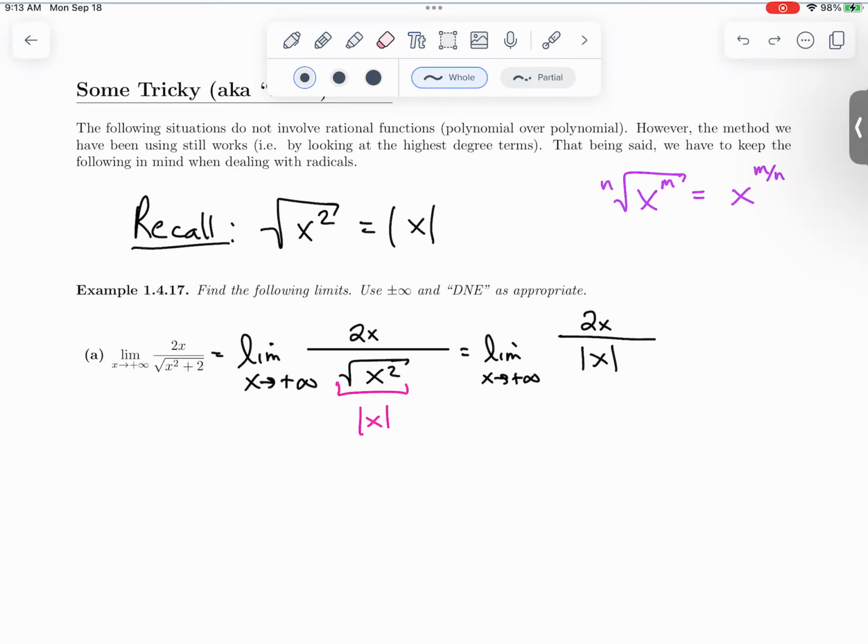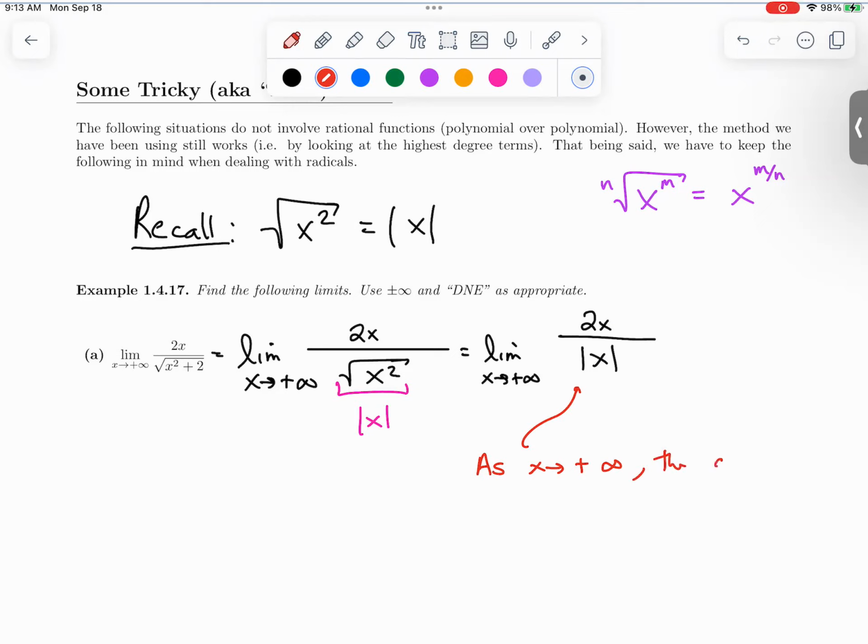So what we can write here is that as x goes to positive infinity, the absolute value sign is redundant.